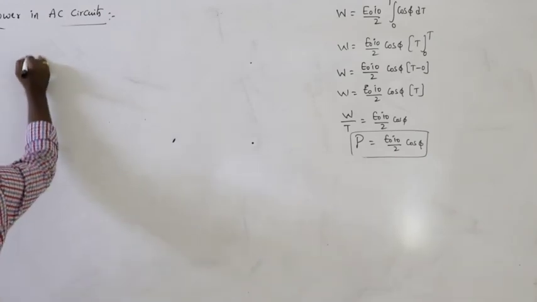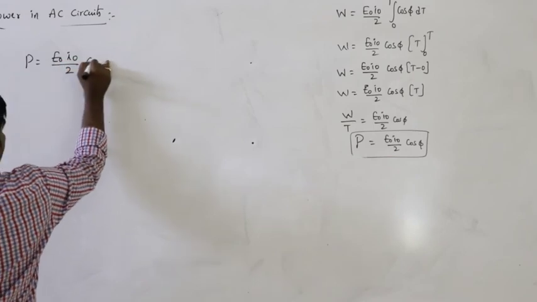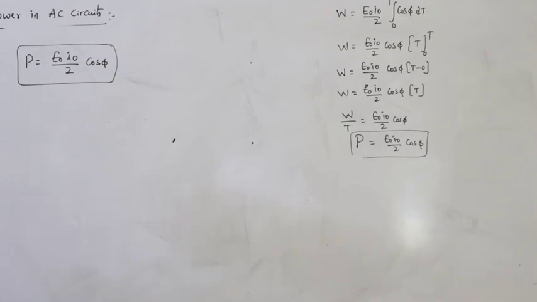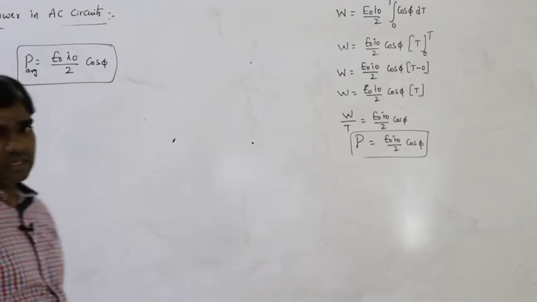So P is equal to what we got? E naught I naught by 2 cos phi. So this is the instantaneous power or average power. Average power is described for a complete cycle.